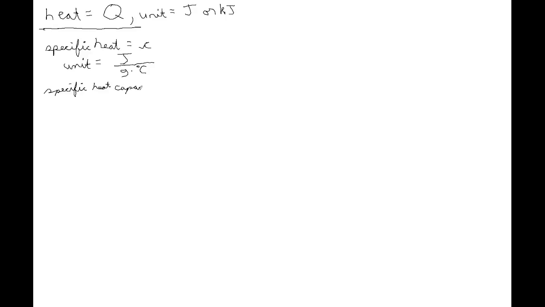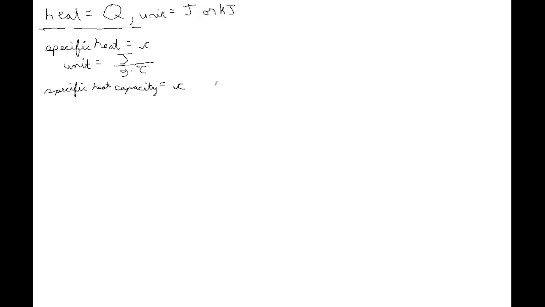How about this concept, specific heat capacity? What would be the symbol for this concept? It would also be lowercase c. That's right. So what are the units for specific heat capacity?